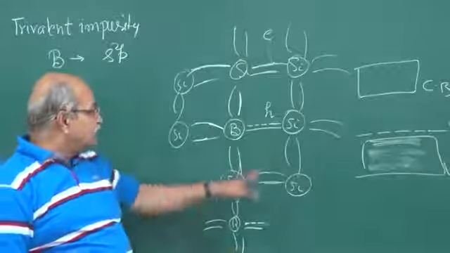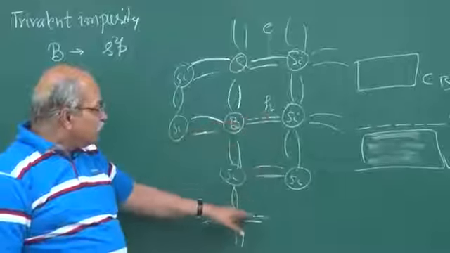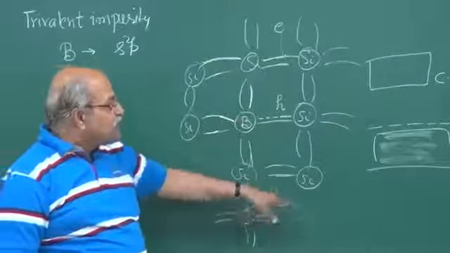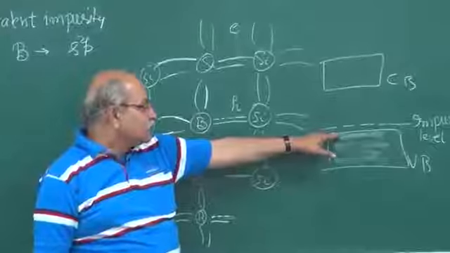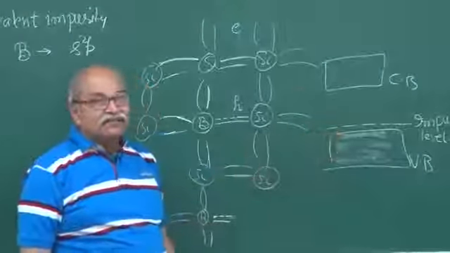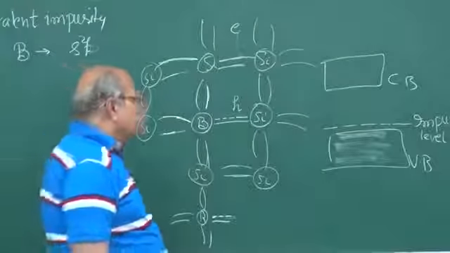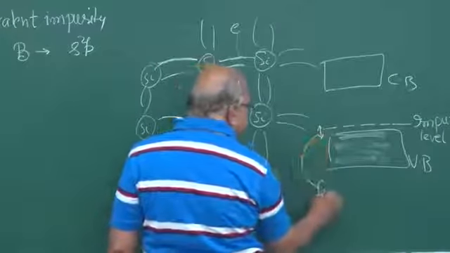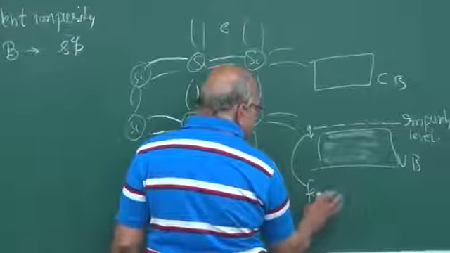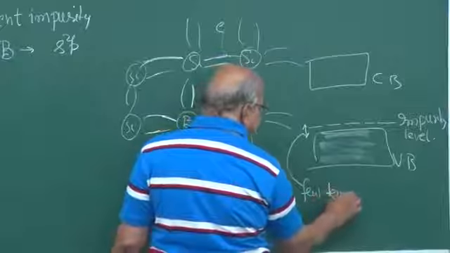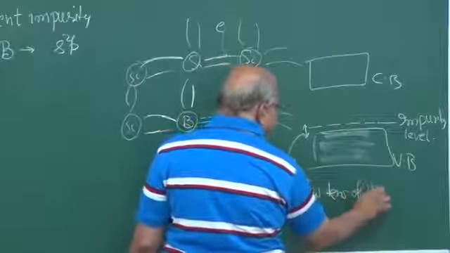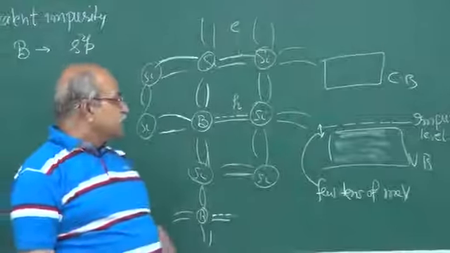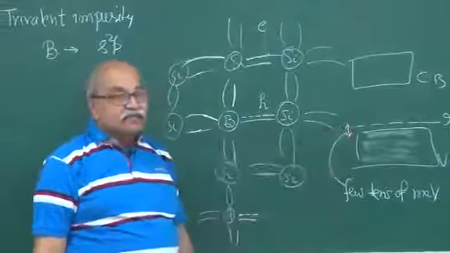So you are creating new, empty quantum states, the energy of which will be slightly higher than the top of the valence band. And how much higher? Once again, this is a few tens of milli electron volts, right? 10, 20, 30, 40 milli electron volts.